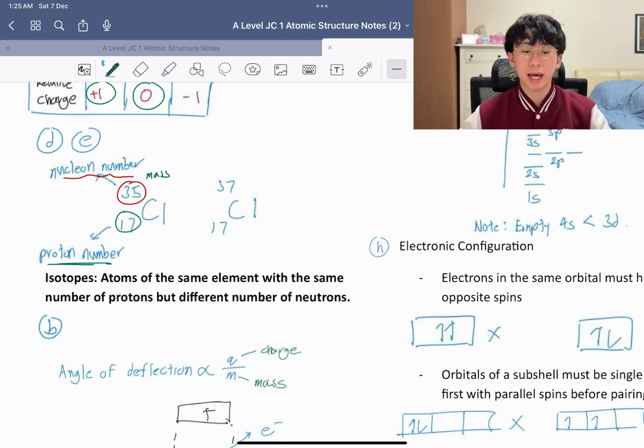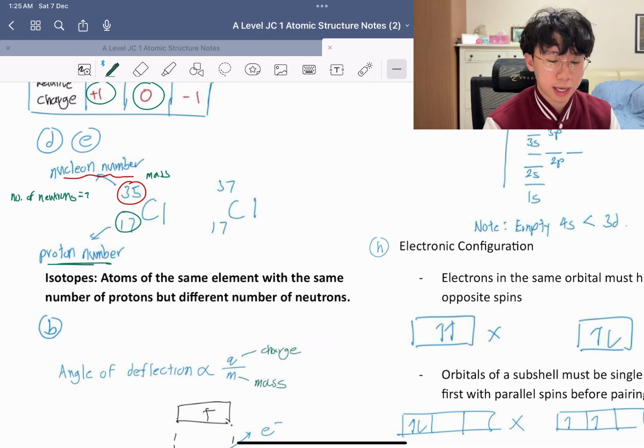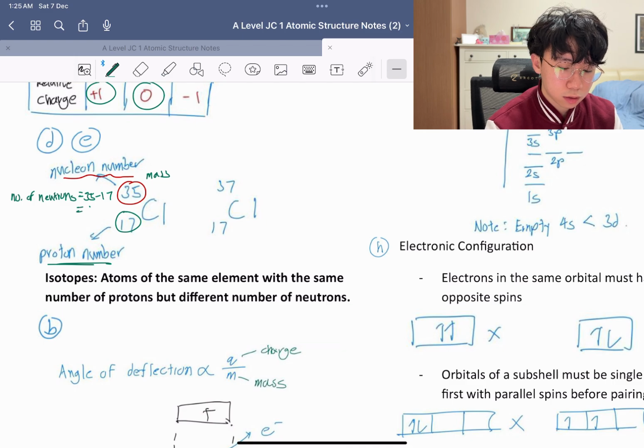And what we can do with these numbers generally is find out the number of neutrons as well that is in this atom. So for example, here, if the proton number is 17, then the number of neutrons would be 35 minus 17. And you would get 18.